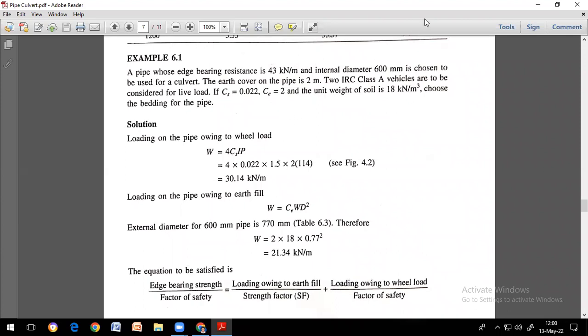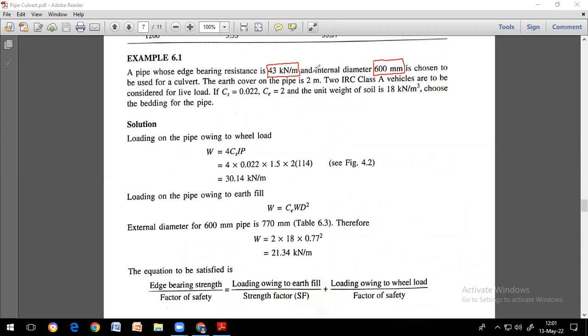So let's first read out the problem. A pipe whose edge bearing resistance is 43 kilonewton per meter, so the edge bearing resistance is already given, and internal diameter is 600 mm, is chosen to be used for a culvert.